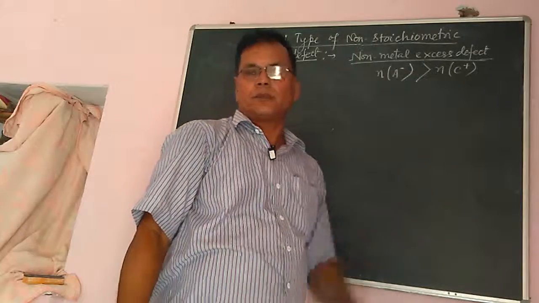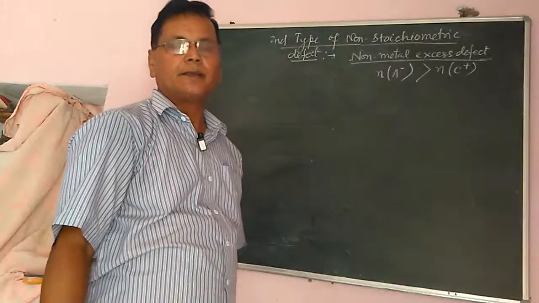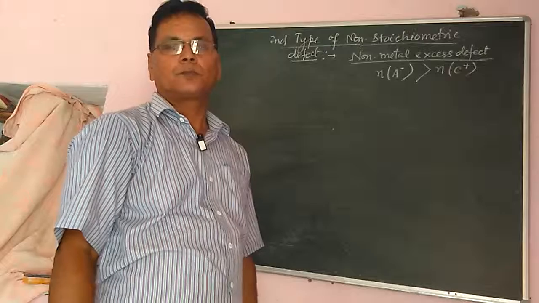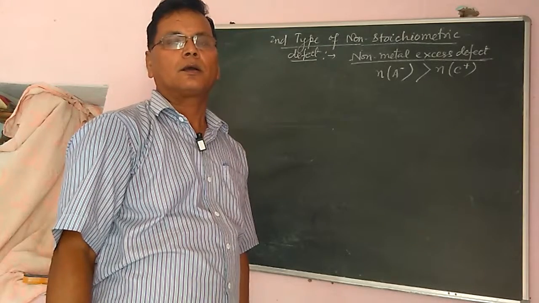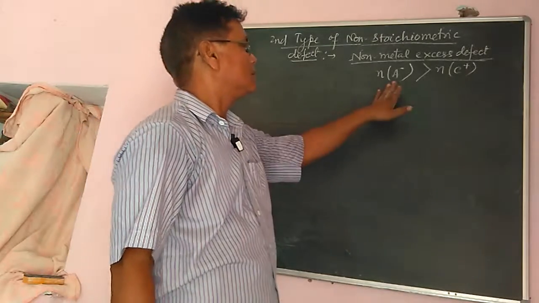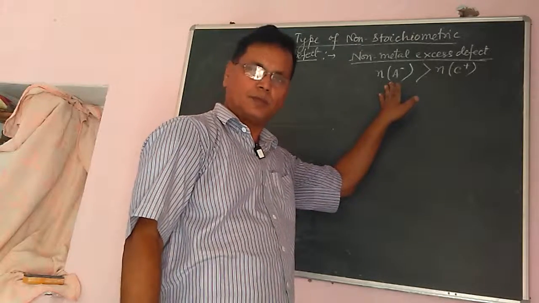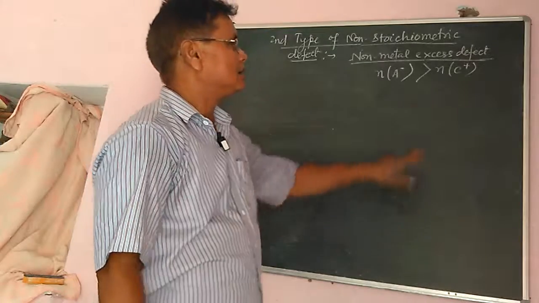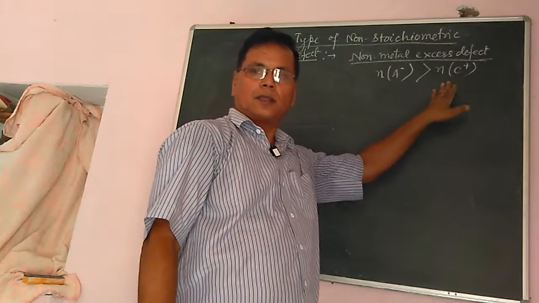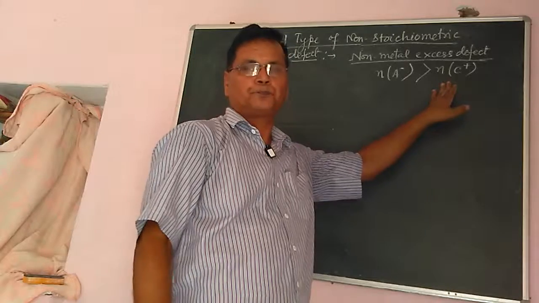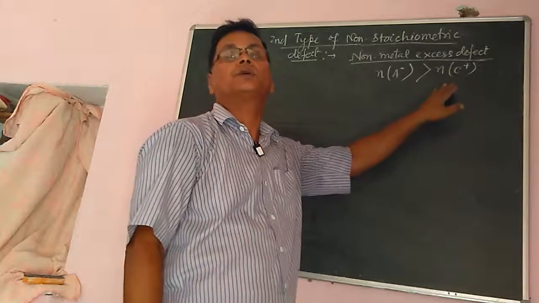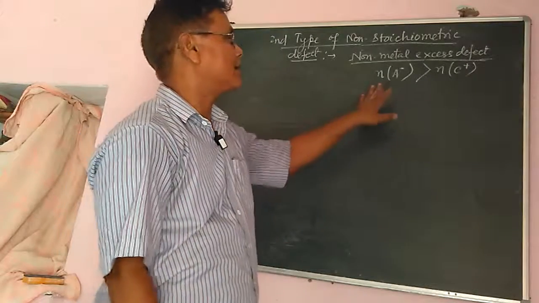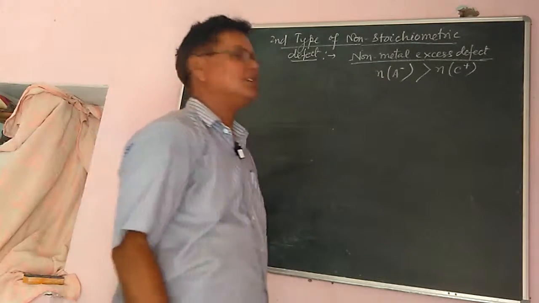How can it be possible? The cations that leave their sites cause the number of anions to increase. To maintain neutrality, similar metals having a higher oxidation state are trapped in that vacant place to maintain electrical neutrality.